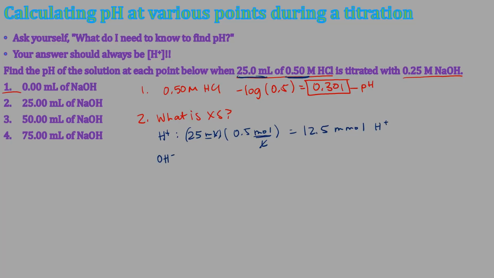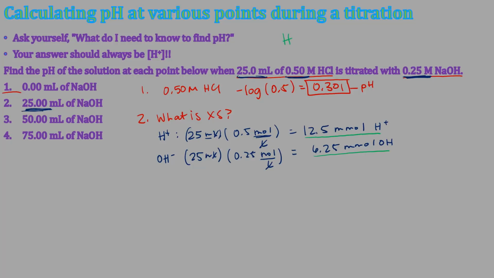And then for OH, I'm using a 0.25 molar solution, and I've added 25 milliliters. So 25 milliliters times 0.25 moles per liter gives me 6.25 millimoles of OH. So all of these 6.25 millimoles of OH is going to react, and 6.25 millimoles of H has to react with it, right?